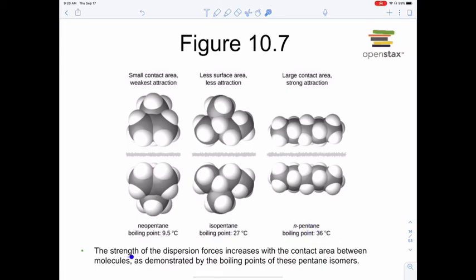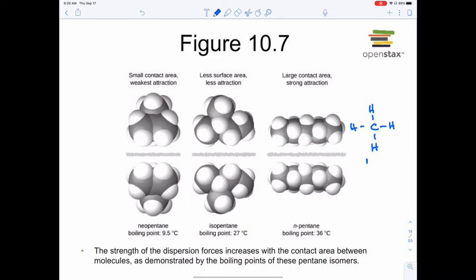What we see is that the strength of these forces increases with contact area. So the shapes of these molecules become important when we talk about intermolecular forces. Dispersion forces occur between non-polar molecules, and these molecules are hydrocarbons based on carbon and hydrogen.